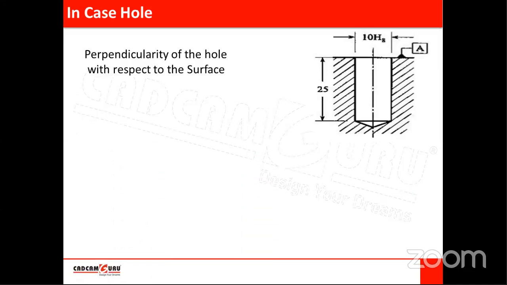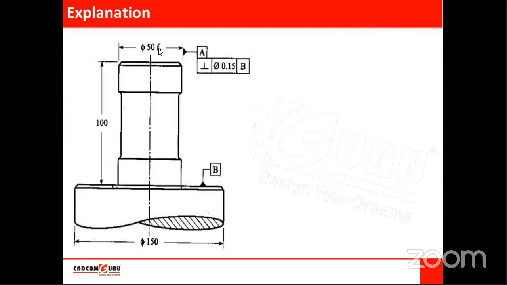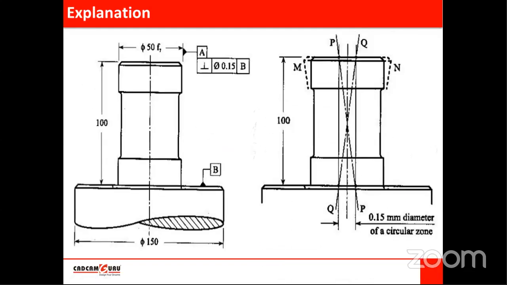If we want to check perpendicularity of a hole. Now we have seen this is a pin or some shaft coming out, or some cylindrical part, and it is perpendicular with respect to this flat surface.